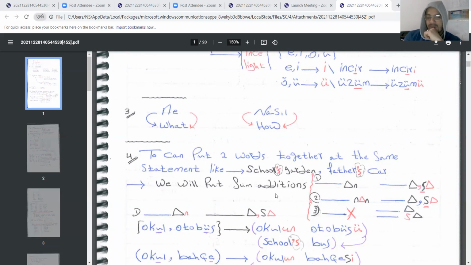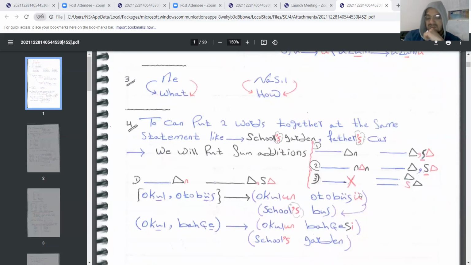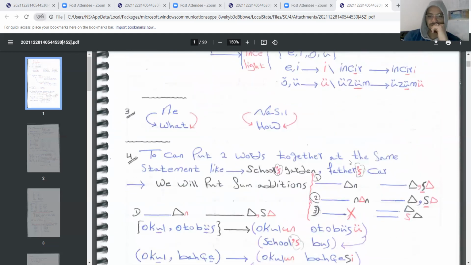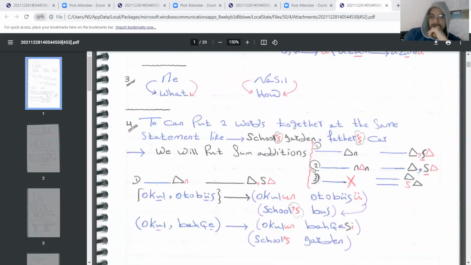We will put some additions. Let me use this math trick here. Delta means we will put one of these vowel letters, the appropriate one, either kalın, heavy, or ince, light. Which kind will we deal with? We will put the appropriate letter following the rule above. Here we have three kinds of rule: delta n, or s delta.